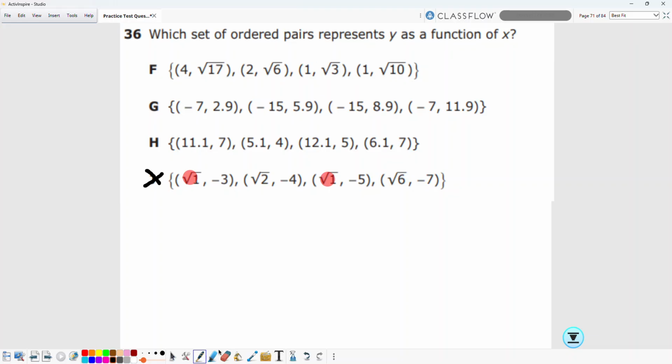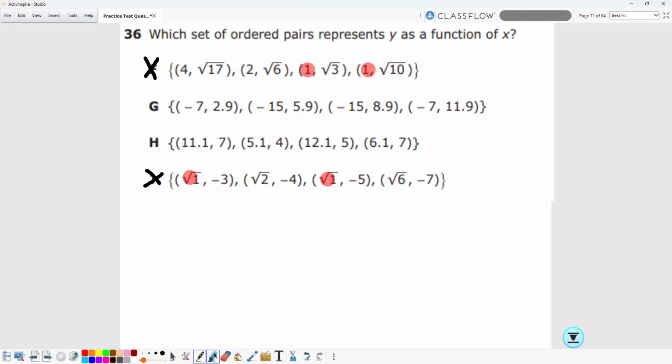Let's go to F. And same deal. Here's an x value of 1. There's an x value of 1. But they have two different y values: square root of 3 here, square root of 10 there. So because we have more than one output for the same input, it does not represent a function.